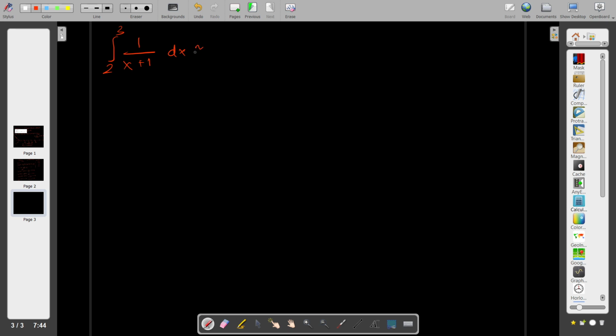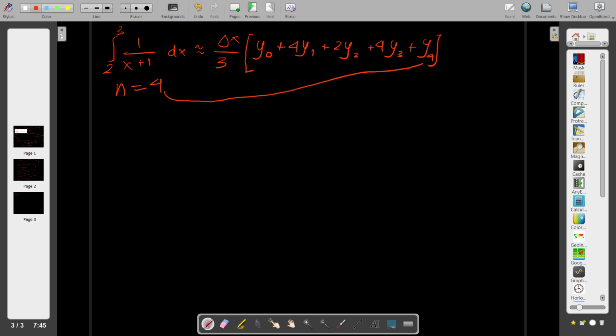Because it is an approximation, the symbol must be approximately equal. Delta x divided by 3 times y0 plus 4y1 plus 2y2 plus 4y3 plus y4. Because our n is 4.